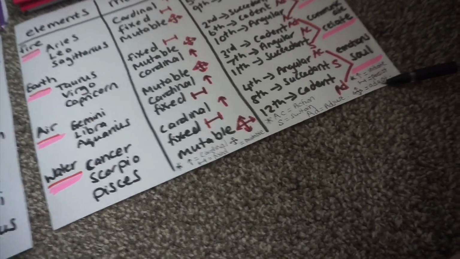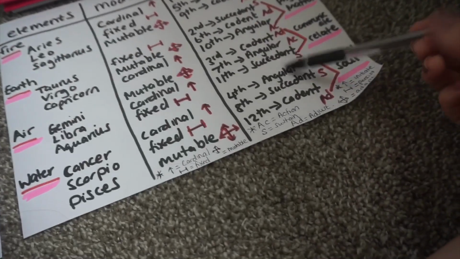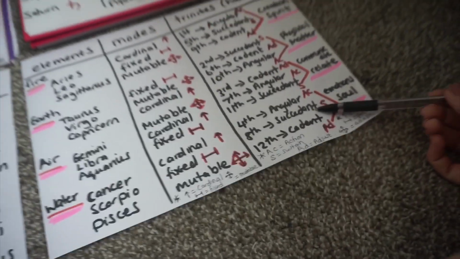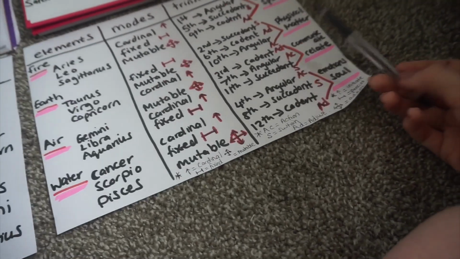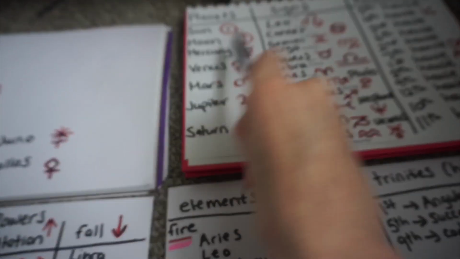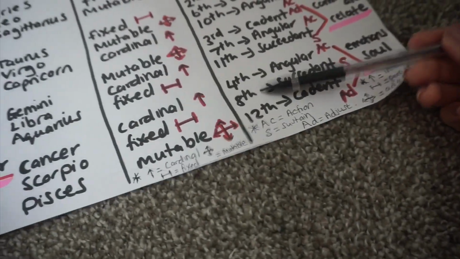Therefore, mutable means adaptable, but still it's ruling the 8th house. So 8th house is a succeeding house. But because Gemini is ruling the 8th house, it means then that Mercury, because Mercury rules Gemini in astrology, Mercury is ruling the 8th house in this instance.